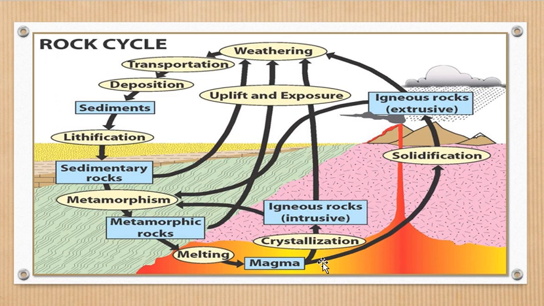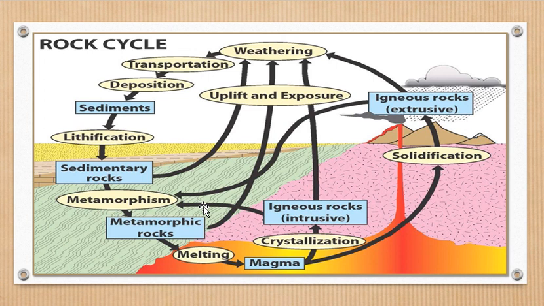Or if the magma comes out and becomes lava, and then solidifies or hardens, that is extrusive igneous rocks. And then the extrusive igneous rocks can also undergo the process of weathering, and then the same process follows, back into the cycle. Or intrusive or extrusive rocks can undergo metamorphism, exposed to heat and pressure, wherein they become metamorphic rocks and the same process will follow.